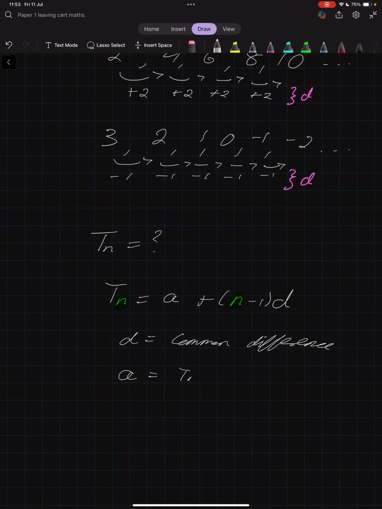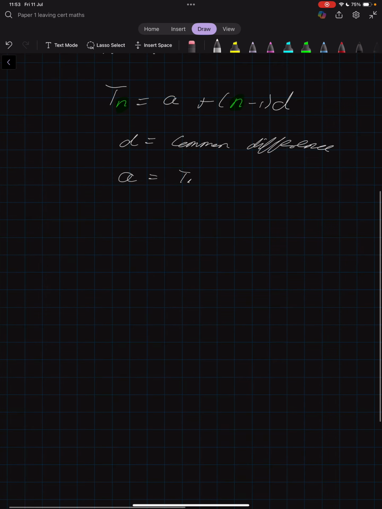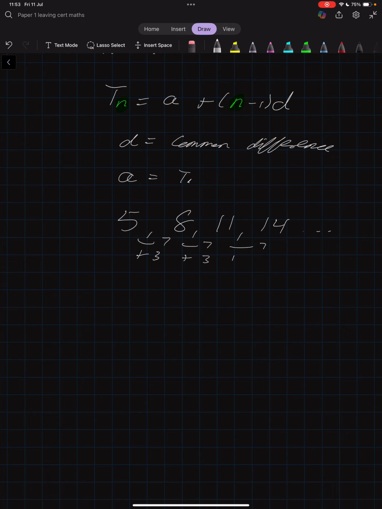If I give you this sequence, say 5, 8, 11, 14, we go up by 3 every time. So this means that d equals 3, and a equals 5, because it's the first term.